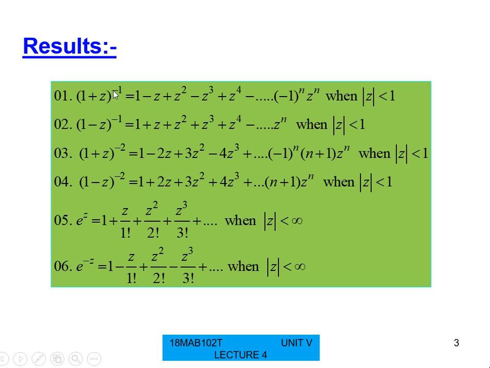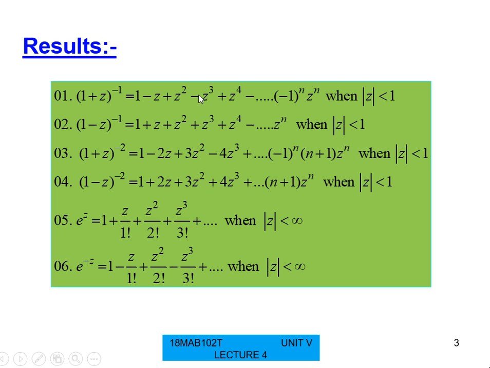If plus and minus come alternately, then it is (minus 1) whole power n. If both are minus, all terms are positive. Power minus 2, then again plus and minus come alternately: 1 minus 2z plus 3z squared minus 4z cubed, etc. If both are minus signs, all are positive terms.